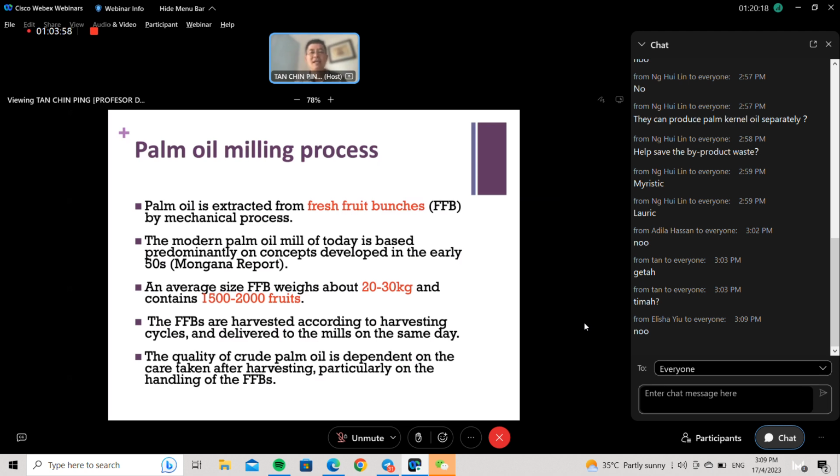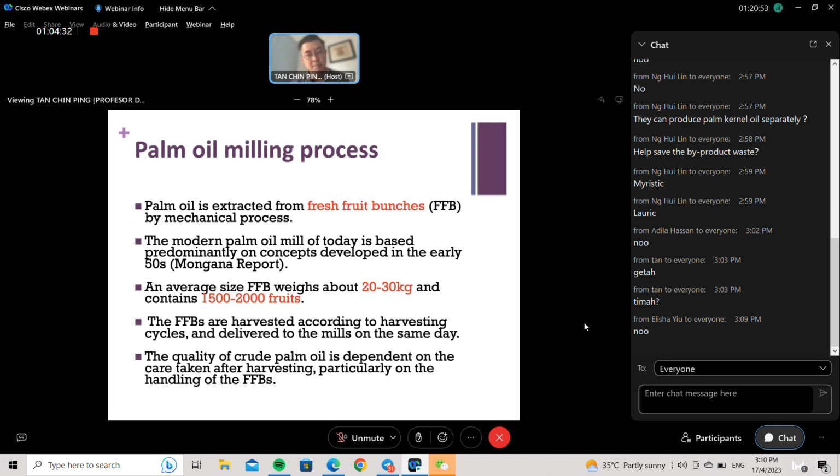In a day you harvest maybe 10 fruits, and it is not possible for you to get transport to come into your plantation and collect it, unless many small neighboring smallholders join efforts so that in a day they get a lorry to come and collect from different smallholders and ship it to the mill. If not, the fruits are going to stay on the ground for quite some time, and this eventually will degrade the fruits and cause poor quality CPO.